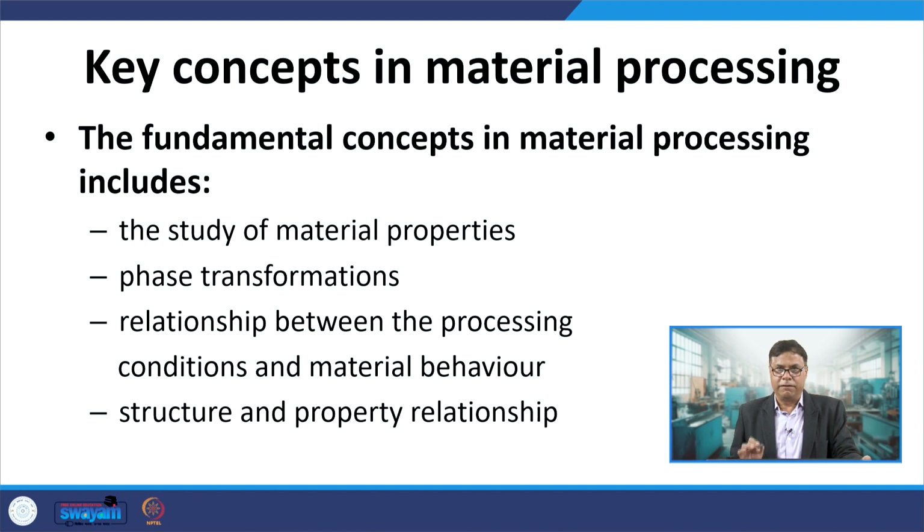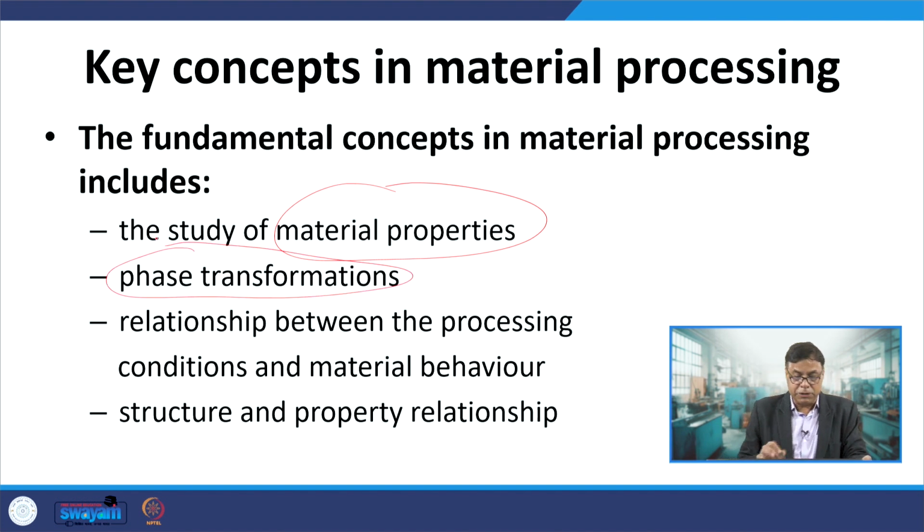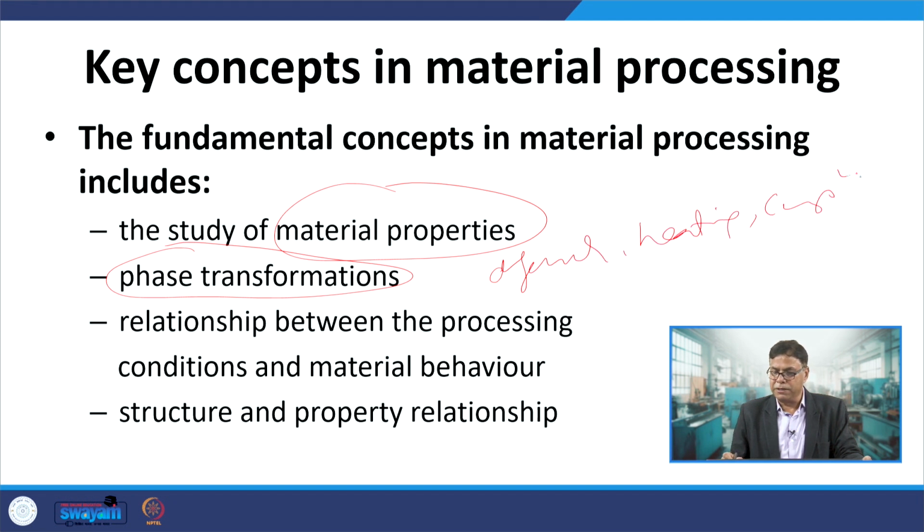As far as the key fundamentals related to material processing are concerned, it involves the material properties which are there in the beginning, and the kind of phase transformation which will happen when it is subjected to material processing through the application of deformation, heat or compositional modification, and also it involves understanding the relationship between the processing conditions and the material structure and the behavior of the material that will happen during the processing.